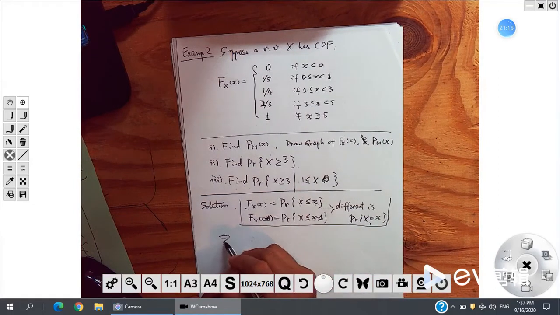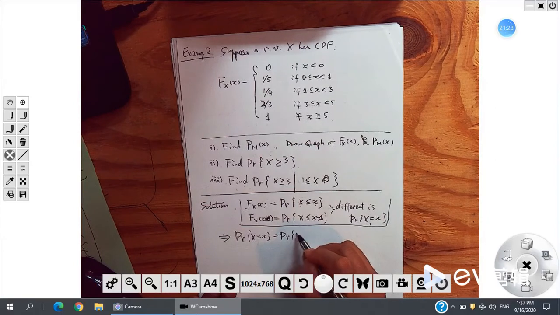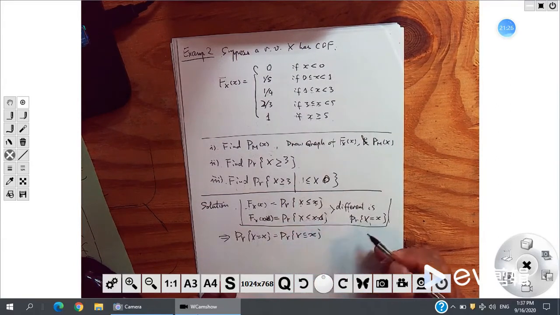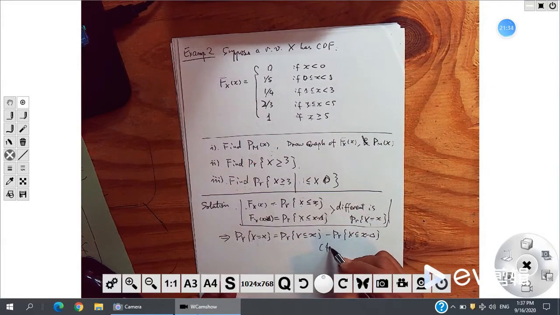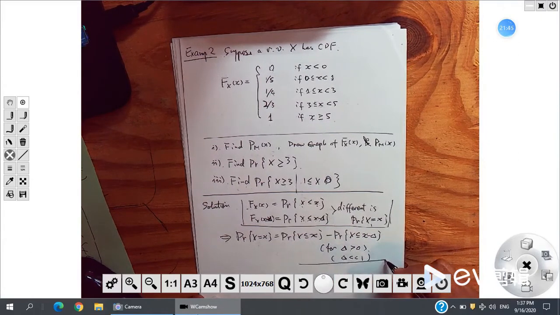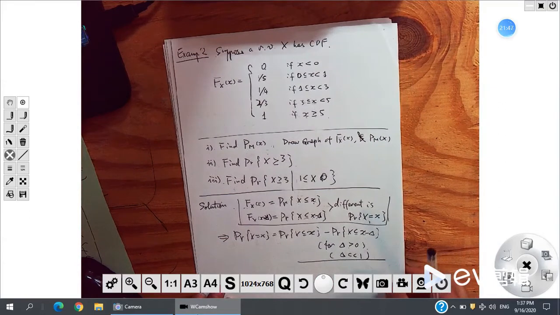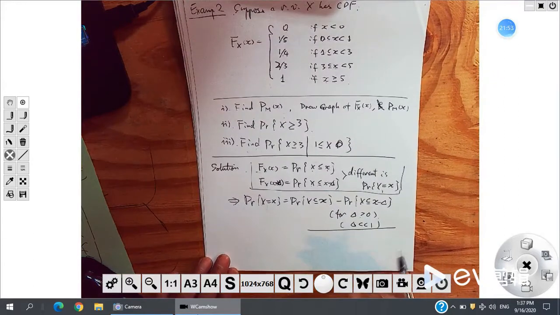So we have the probability of X equal to x equal to the probability X smaller than or equal to x minus the probability of X smaller than or equal to x minus epsilon, for epsilon positive. Epsilon should be positive, usually a small number. Make sense? Yeah.